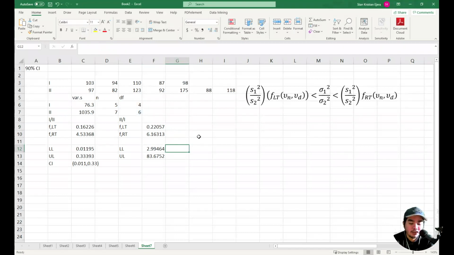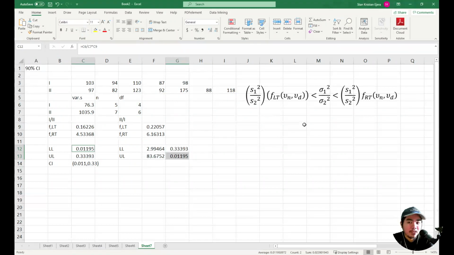So notice na kung I take the inverse, 1 over this value, then this is just equal to this one. If I take the inverse of this value, then this is equal to this one. So it makes sense, no?